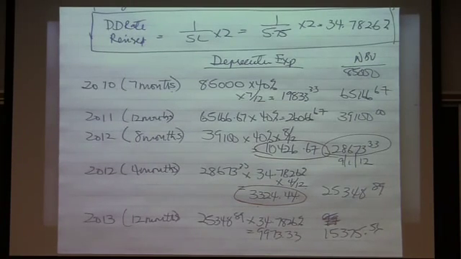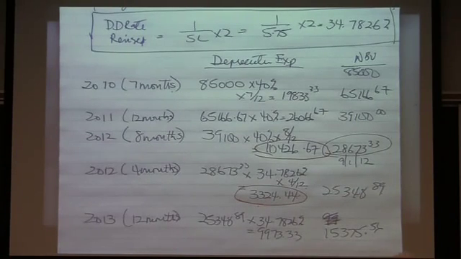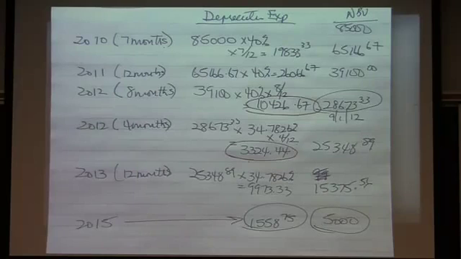So in 2015, the amortization is going to be $1,558.75, leaving you with a $5,000 net book value. So that is your depreciation expense for 2015.